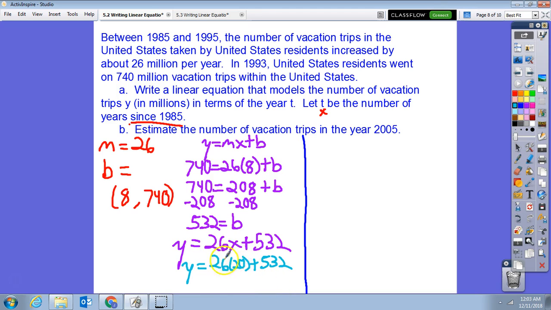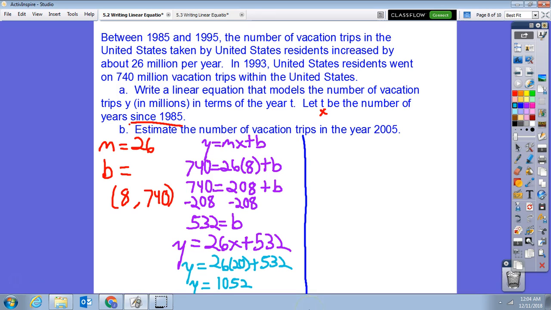So you multiply this in your calculator, add it to 532, excuse me. And when you multiply this and add that there, that ends up being 1052, if I'm not mistaken there. Sorry, I was just trying to do the math in my head real quick.